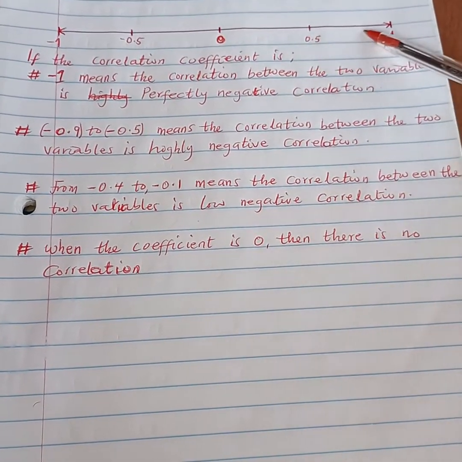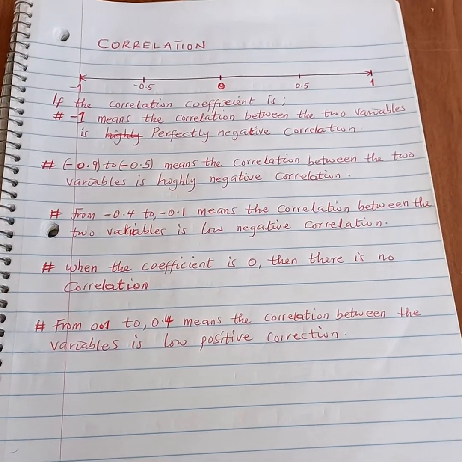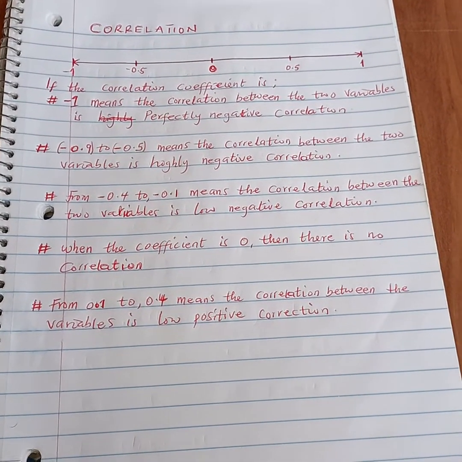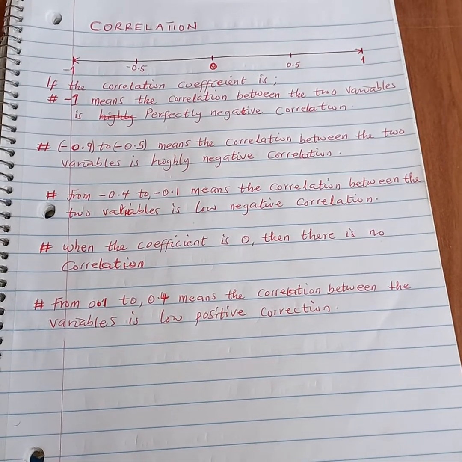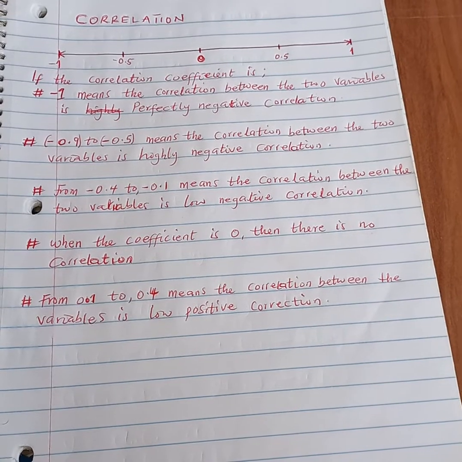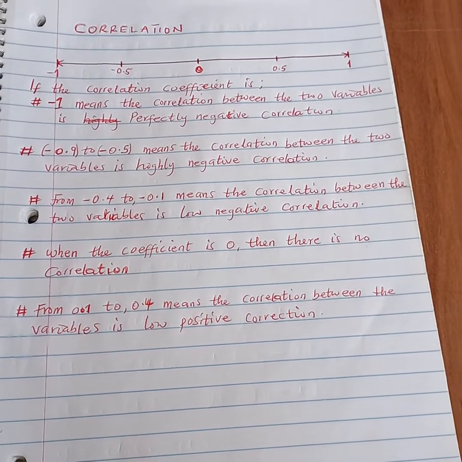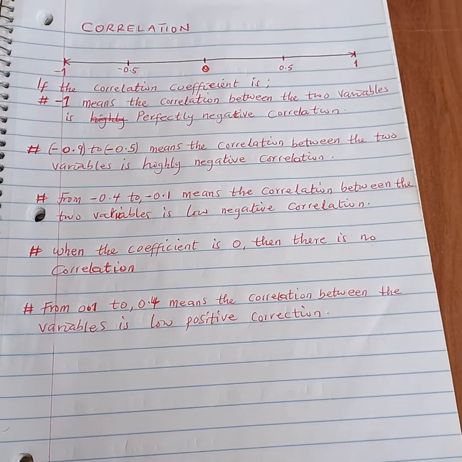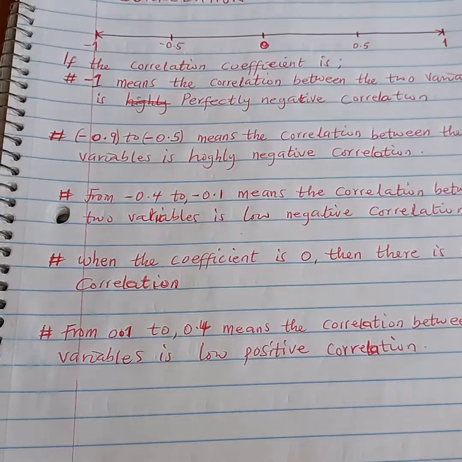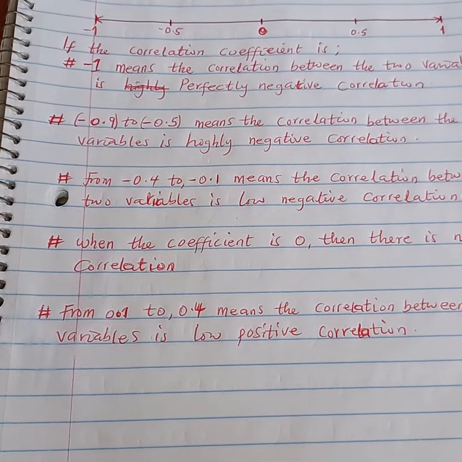Now let's look at the positive aspect. At the positive aspect, it is also saying that from positive 0.1 to positive 0.4 means the correlation between the variables is low positive correlation.